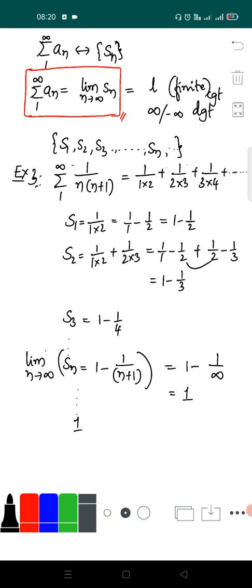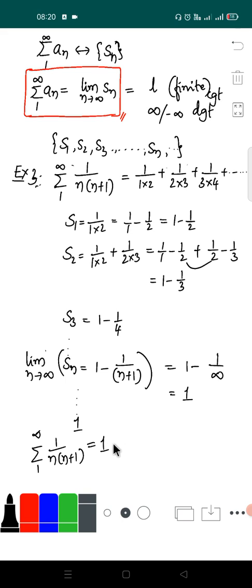Okay. So the given series 1 by n into n plus 1 converges to 1.